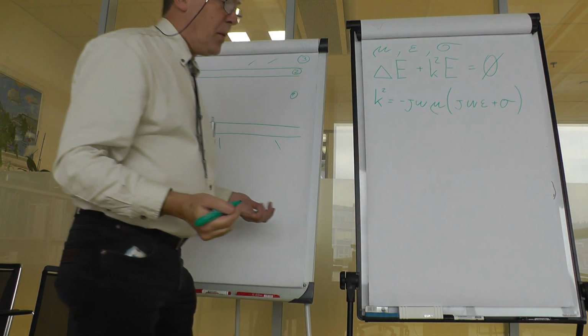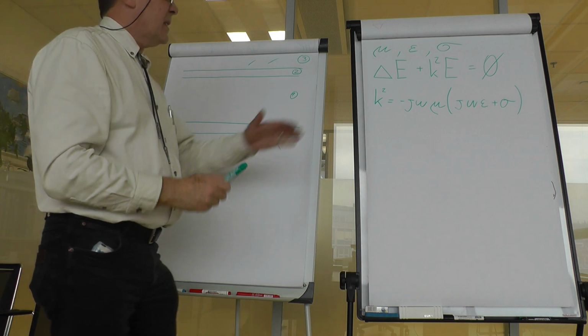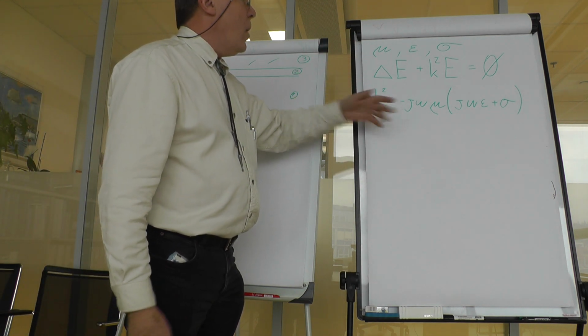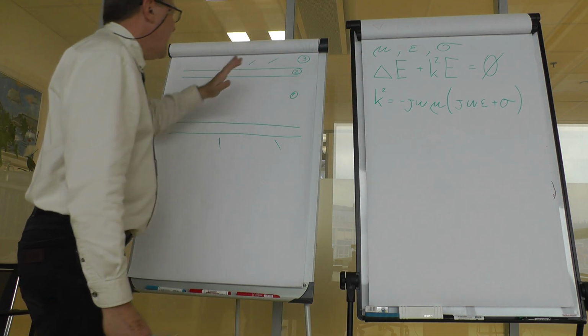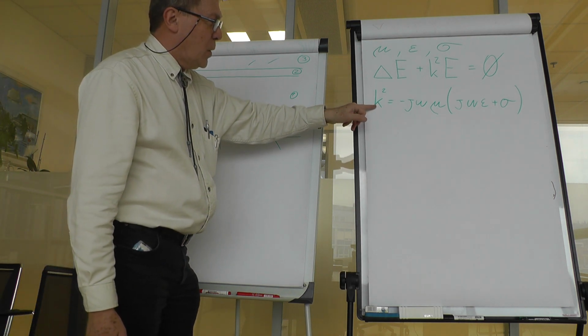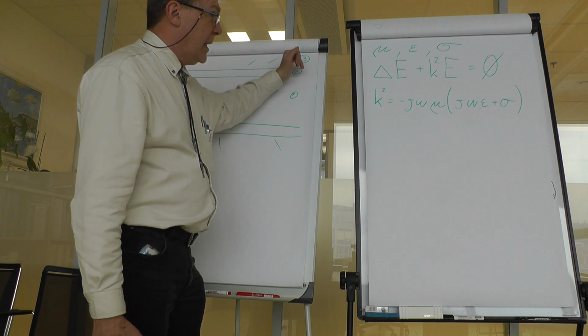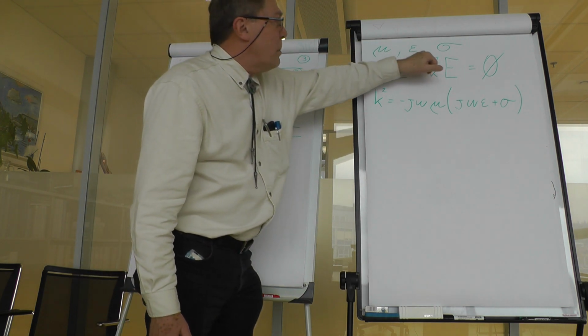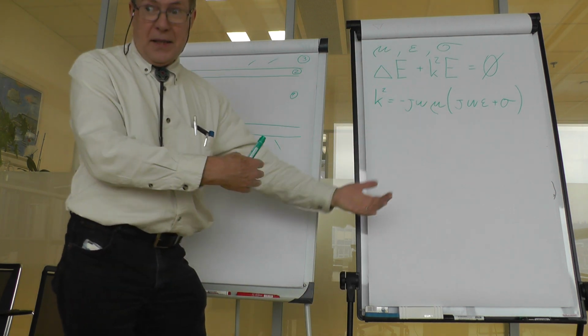Omega is the angular frequency. So this is the situation. But within each of those regions, we have different k. So we have k1, k2, and k3, depending on the material properties, and the frequency.